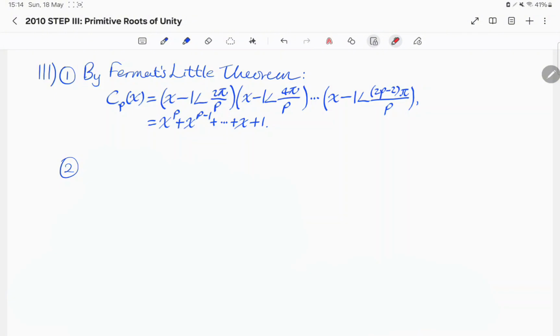Expanding and simplifying this will give that Cp of x is equal to x to the p minus 1 plus x to the p minus 2 all the way to x plus 1.